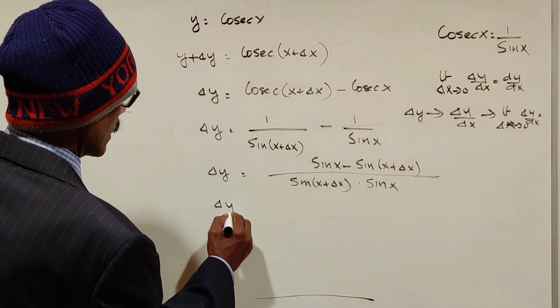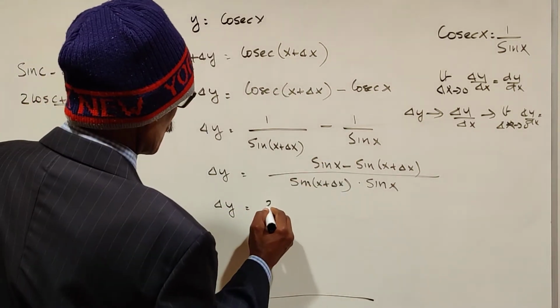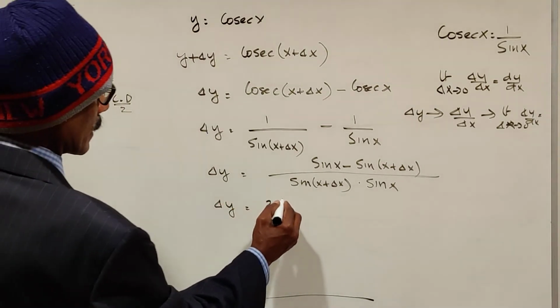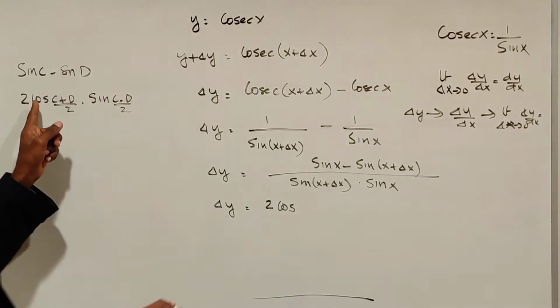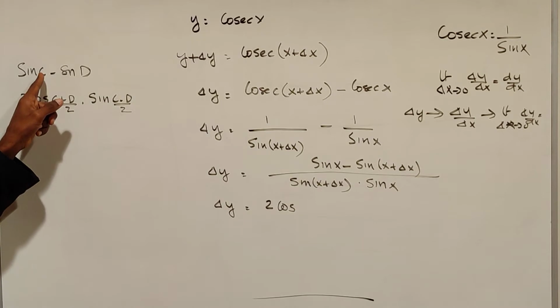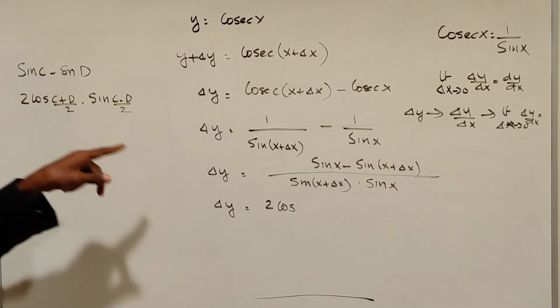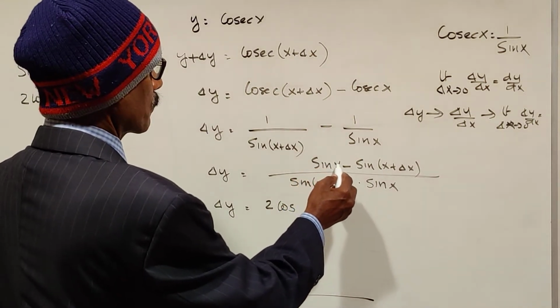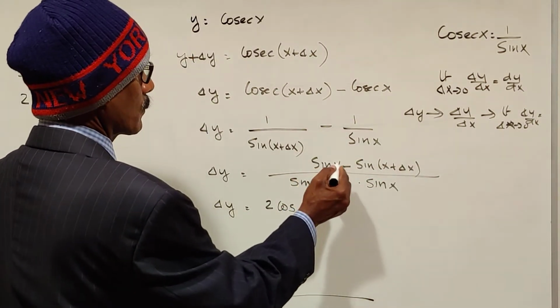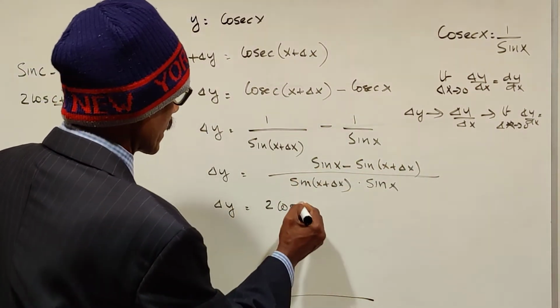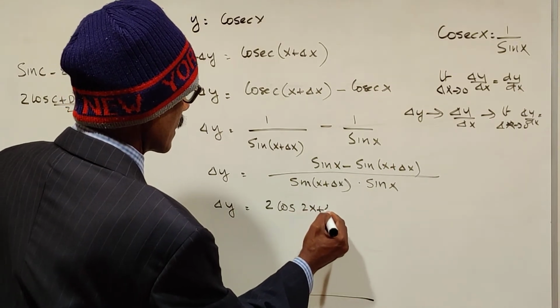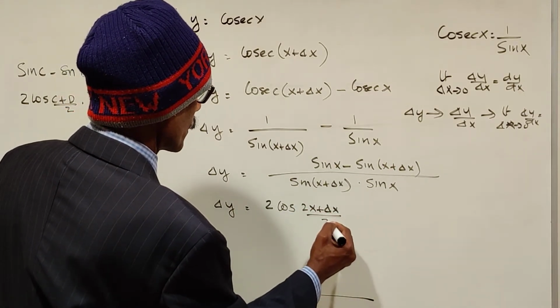Delta y equals 2 cos of c plus d by 2. Add the two angles first, then divide by 2. What are the angles here? x plus delta x, and x plus x is 2x, so 2x plus delta x by 2.